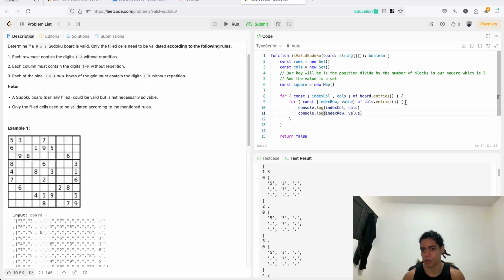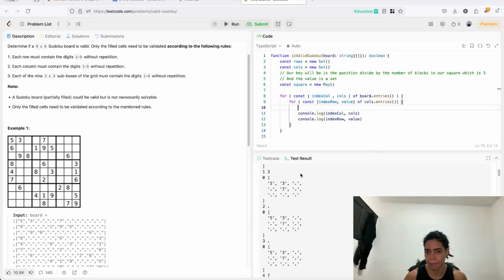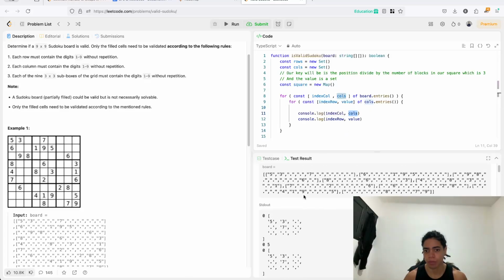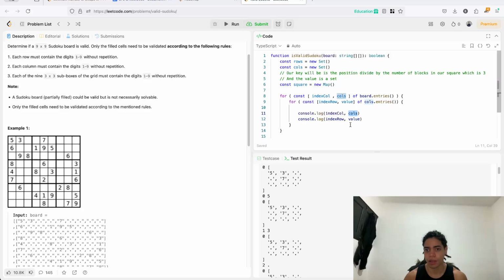That's quite different. So by doing this, we will now be able to, now that we have the position of them for the columns and the row.